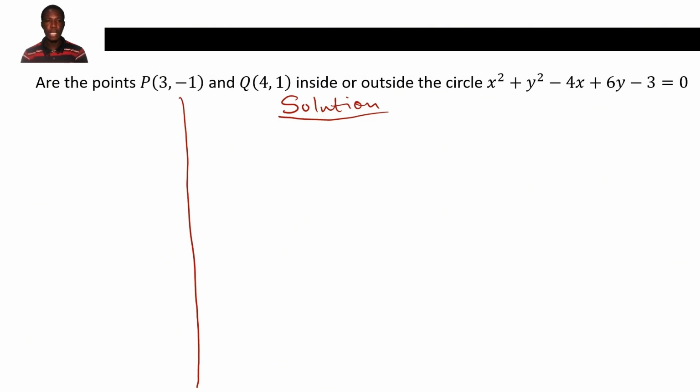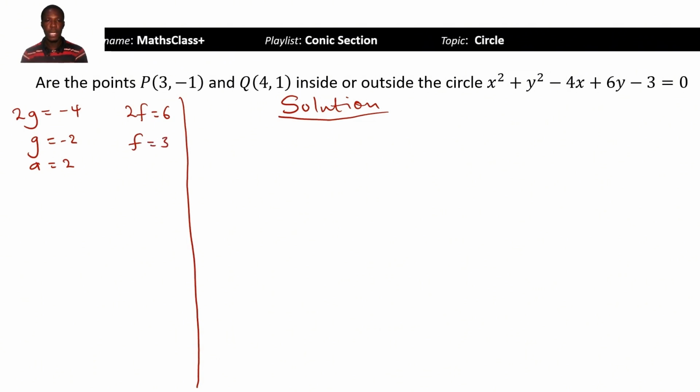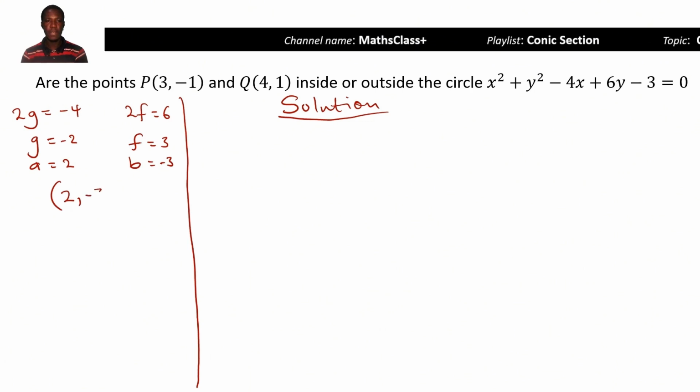Looking at our circle, 2j is equal to -4, so our j is -2 and our a will be +2. 2f is equal to 6, so our f is equal to 3 and our b will be equal to -3. That means the center of the circle is (2, -3).